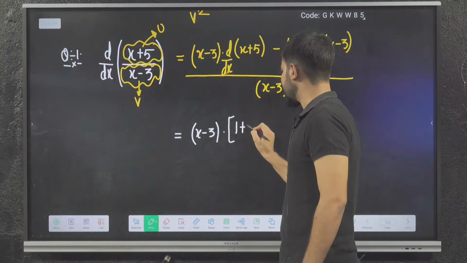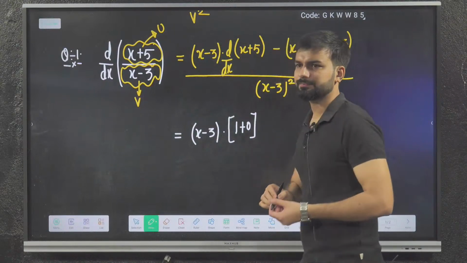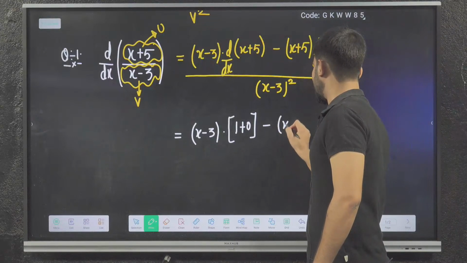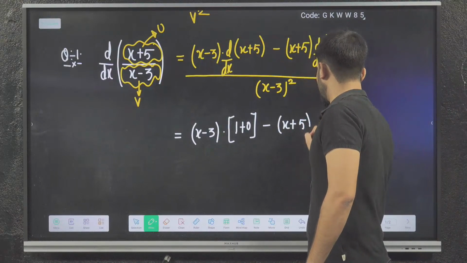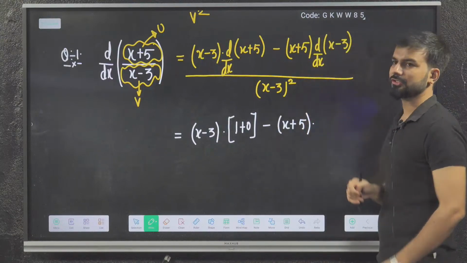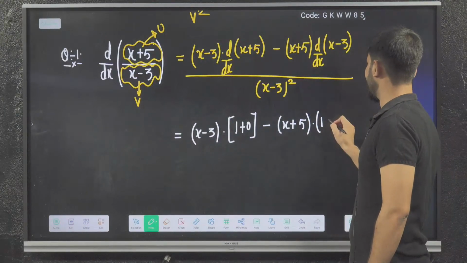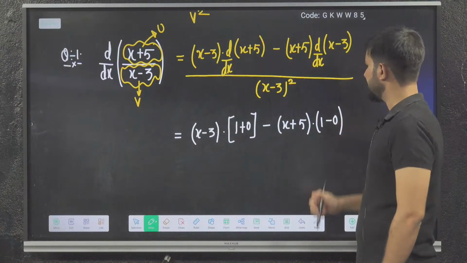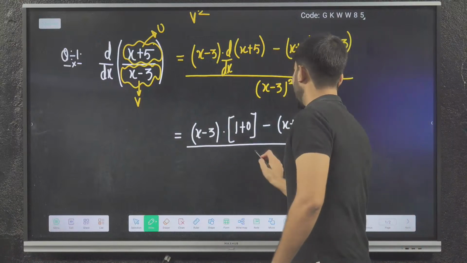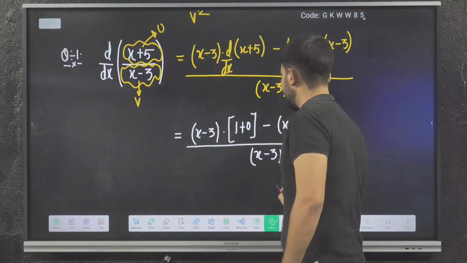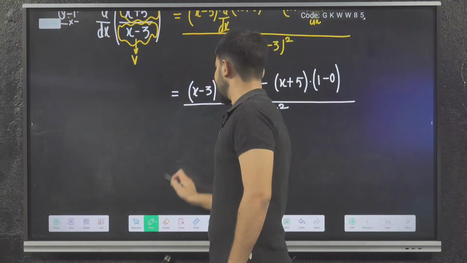What is the differentiation of 5? 0. Minus x plus 5 into, what is the differentiation of x? 1. What is the differentiation of 3? 0. Divided by x minus 3 whole square. Then what is the answer you will get?